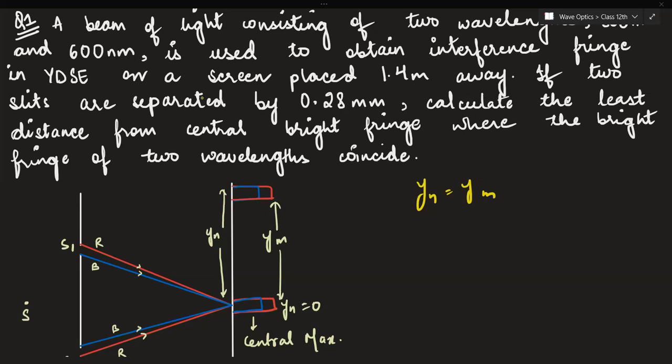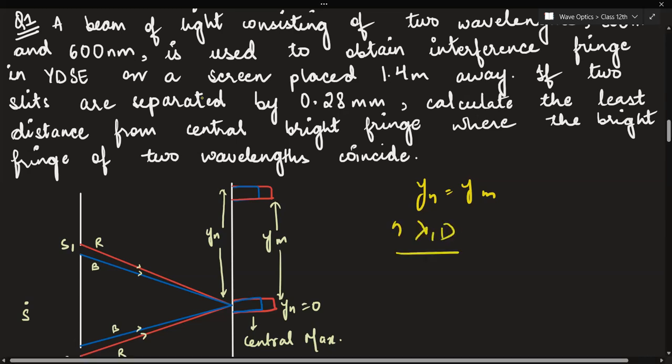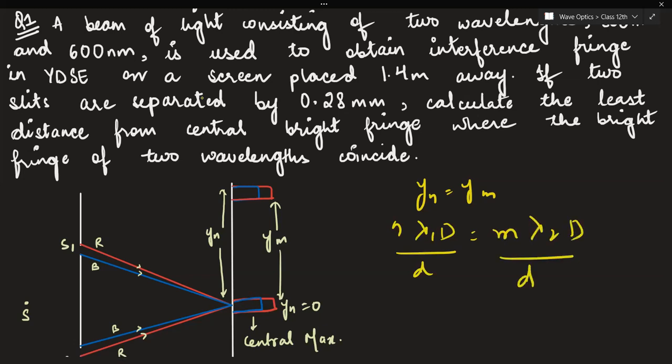Okay, fine. Now see, yn is equal to, so both are bright fringes. So we'll write it as n lambda D by d. Let's write this as n lambda 1 D by small d and this as m lambda 2 capital D by small d. So capital D gets cancelled, small d gets cancelled. The value of lambda 1 is given as 800 nanometer and the second one is given as 600 nanometer.